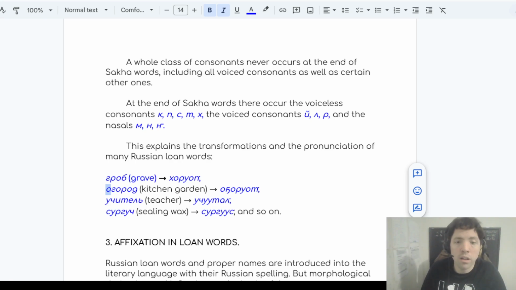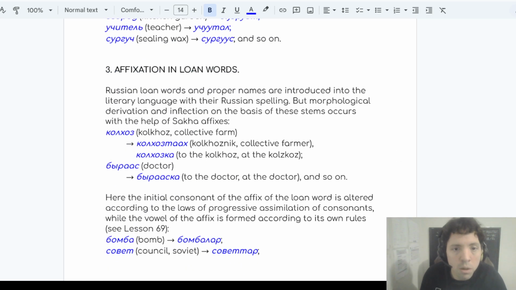But in Sakha, the O is always O. And the stressed syllable is usually the long vowel. I feel like it's intuitive. It's very easy to tell how to say the Sakha words. All right, let's keep going.